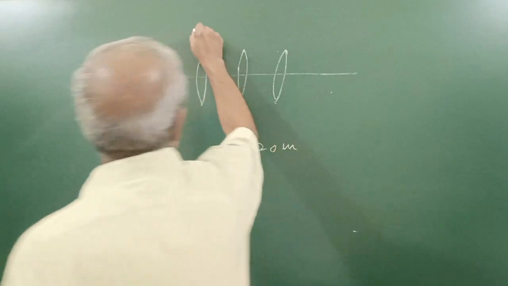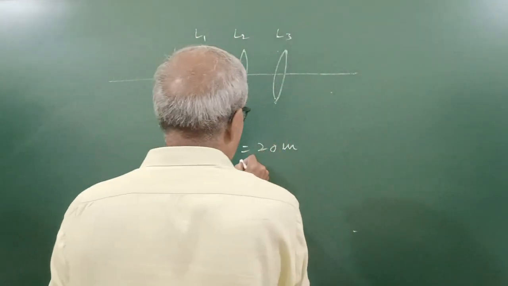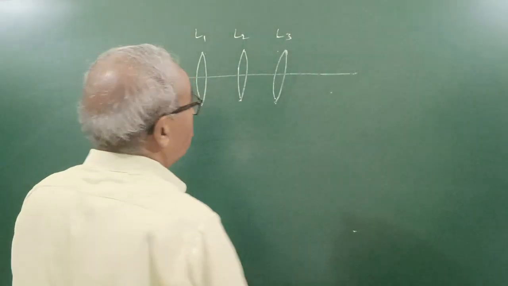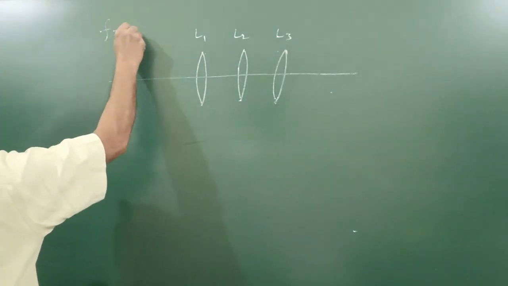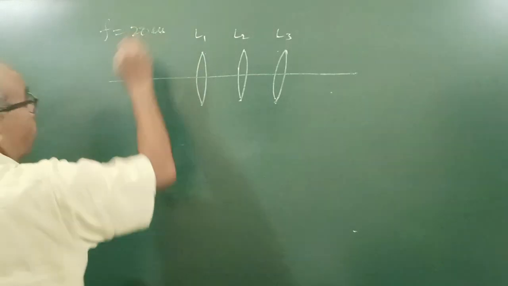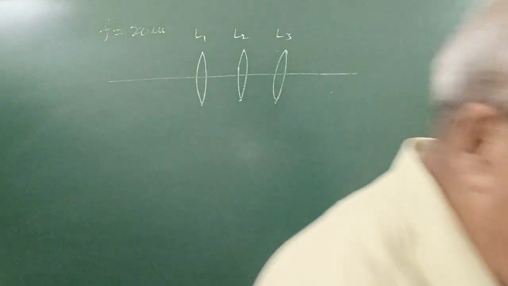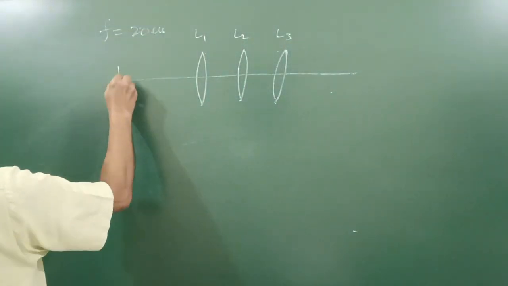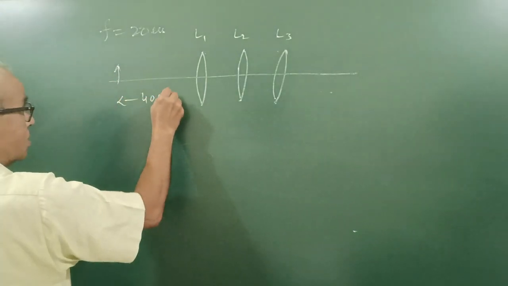All three lenses L1, L2, L3 have focal length 20 centimeter. 20 centimeter is the focal length of each. An object is placed at a distance of 40 centimeter from L1. Here an object is placed at distance 40 centimeter.